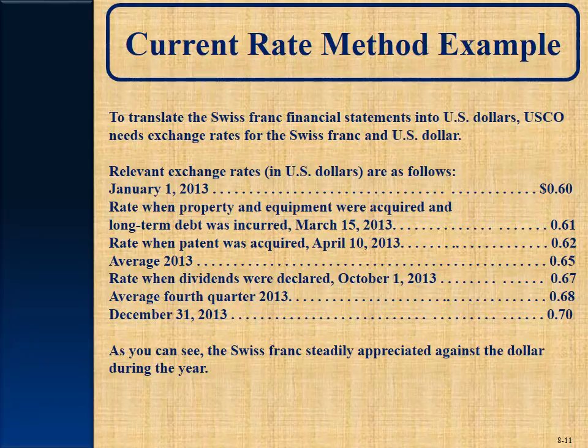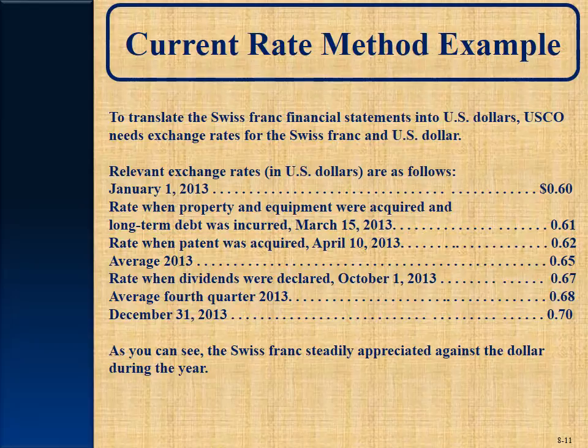Now, during the year, these are the exchange rates that occur. As of January 1, 60 cents. They bought some property, plant, and equipment during the year when the exchange rate was 61 cents per franc. They bought a patent on April 10th. That's 62 cents per franc. The average translation was 65 cents per franc.